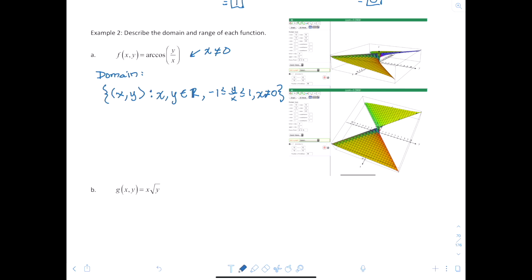All right, so what about our range? So our range, remember that for the arc cosine, the output is between quadrants 1 and 2, right? Inclusive. So what will happen?